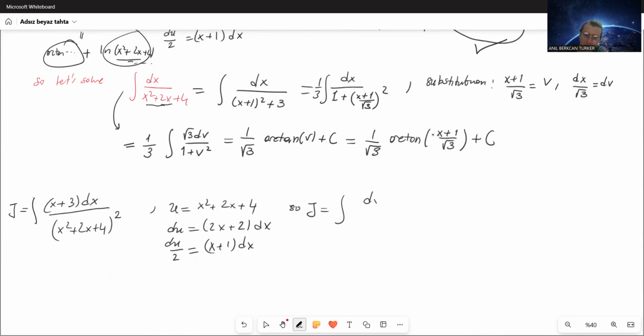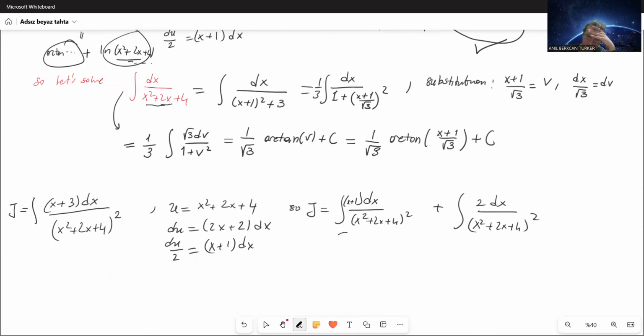So it is like dx (x plus 1) over (x squared plus 2x plus 4) squared, plus 2 dx over (x squared plus 2x plus 4) squared.